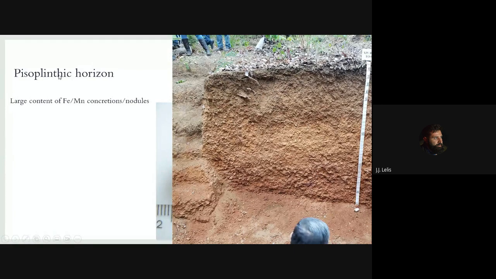So we have a lot of pisoplinthic horizons, and we can easily differentiate the pisoplinthic horizon from the plinthic horizon, because here we have cemented bodies, and there the majority of them are only masses, material that is just starting to get cemented, okay?